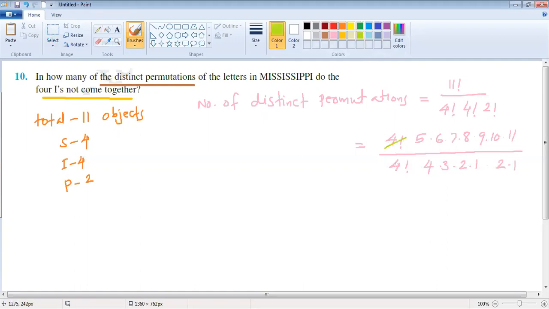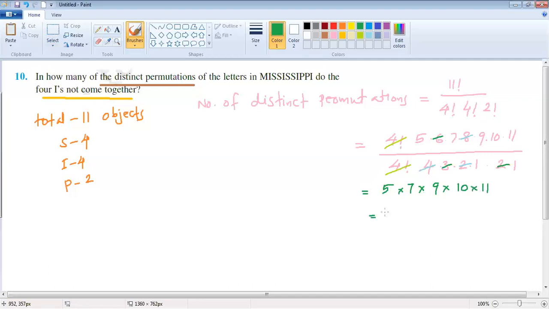So what will happen? 4 factorial cancel होगा. Then 4 into 2, 8 cancel होगा. Then 3 into 2, 6 cancel होगा. So remaining आपको मिलेगा 5 into 7 into 9 into 10 into 11.